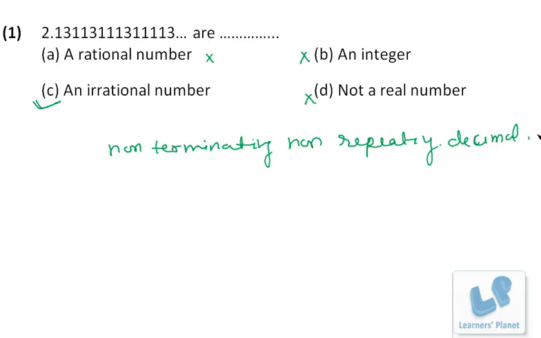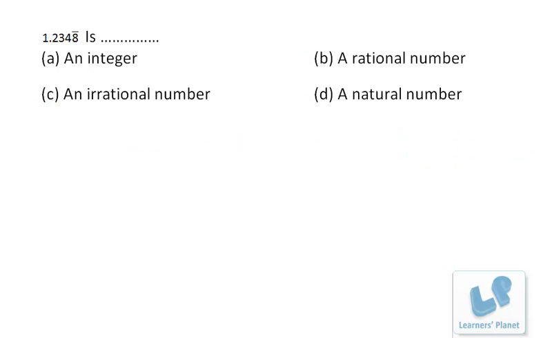Okay, let's take the next question. Now we have this question: 1.2348 bar. Bar means the last number, the number on which the bar is there, is being repeated for an infinite number of times. That means this number is 1.2348888, right? So it's not an integer because integers have to be whole numbers. Now after the decimal, definitely the number is non-terminating, but it is repeated, right? Because the digit 8, which is after 4, is continuously repeating, right?